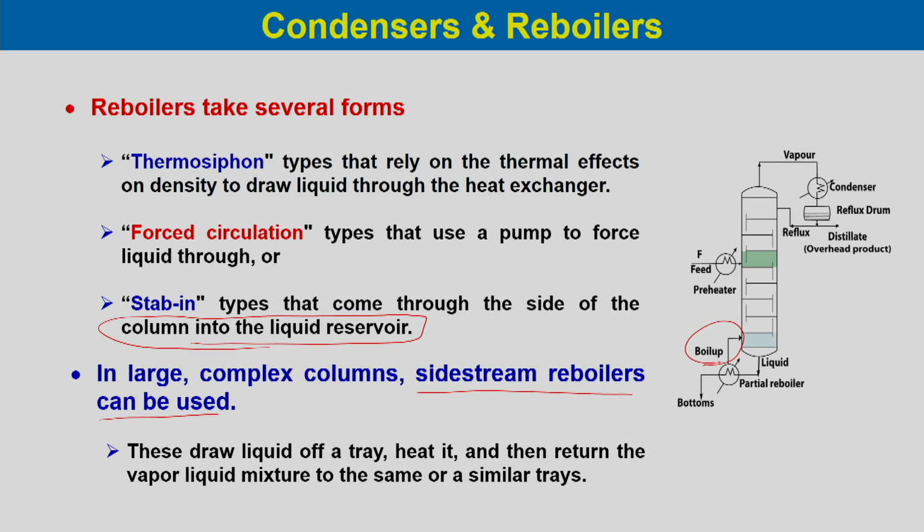So, it takes the liquid out from a particular tray, heats it, and then returns it to the same tray or a similar tray. This is called a side stream reboiler.